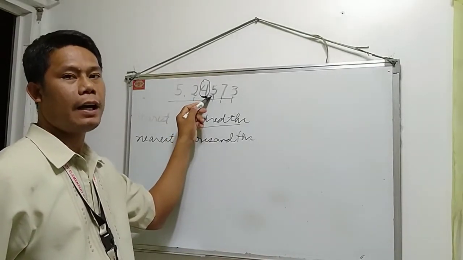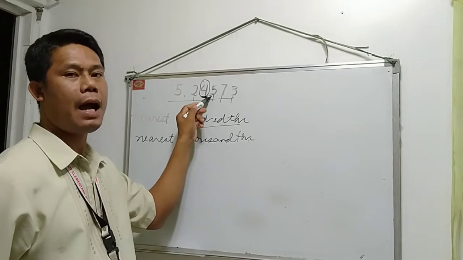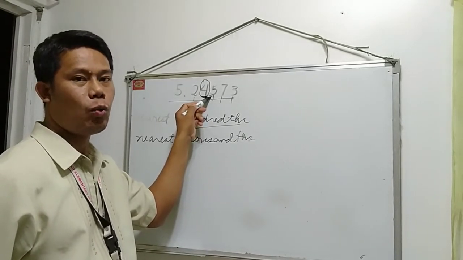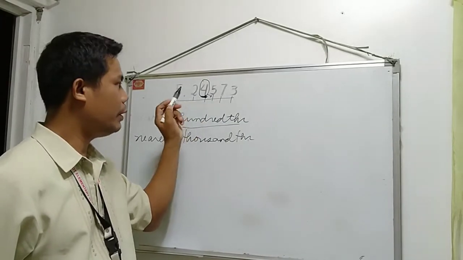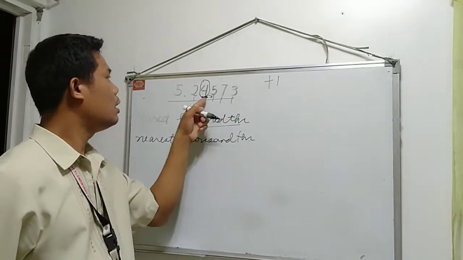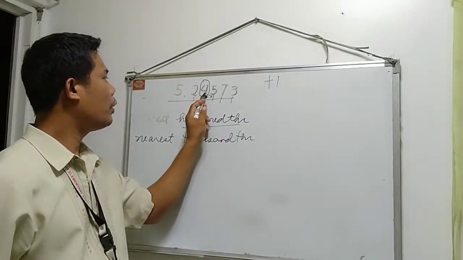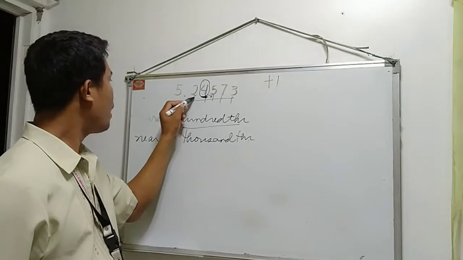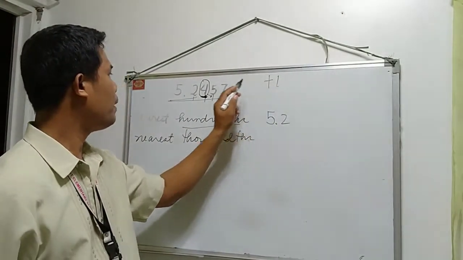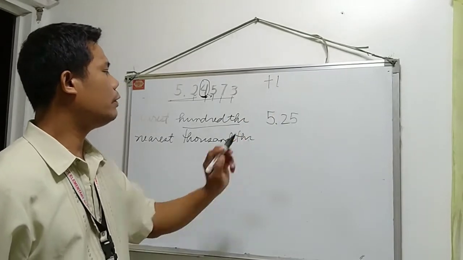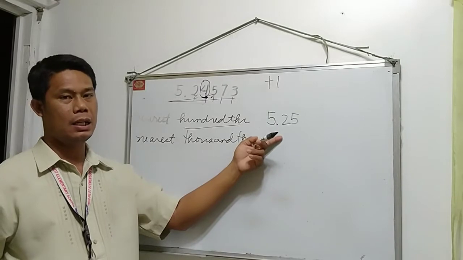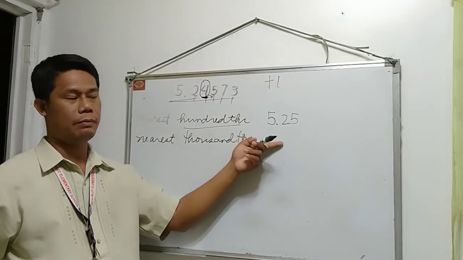So if it is 5 or up, let's say 5, 6, 7, 8, or 9, you're going to add 1 to the rounding number. So 1 plus 4 equals 5. So copy first 5, 2, then 1 plus 4 equals 5. So therefore, our answer is 5.25 hundredths. That is how to round off decimal numbers.